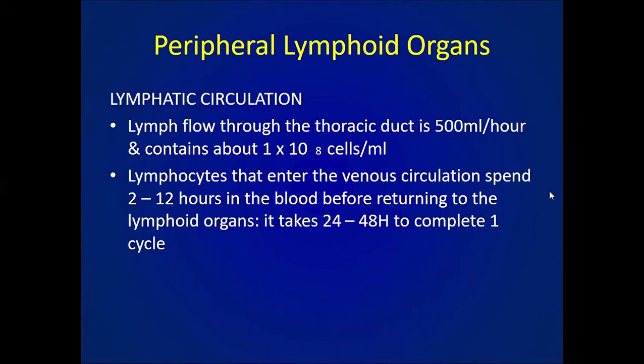So the lymphocytes enter the venous circulation, spending only 2 to 12 hours in the blood before returning to the lymphoid organs. So one cycle usually takes about 1 to 2 days.